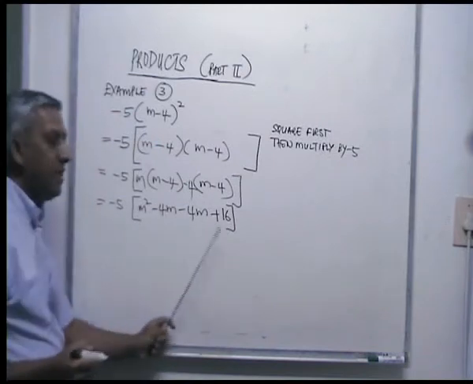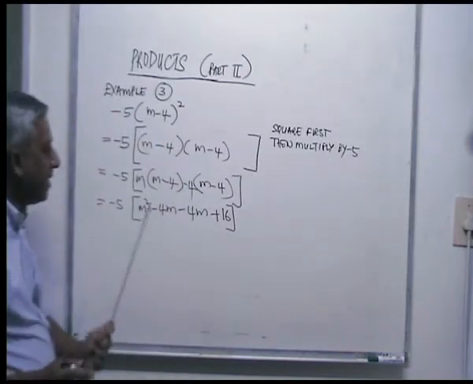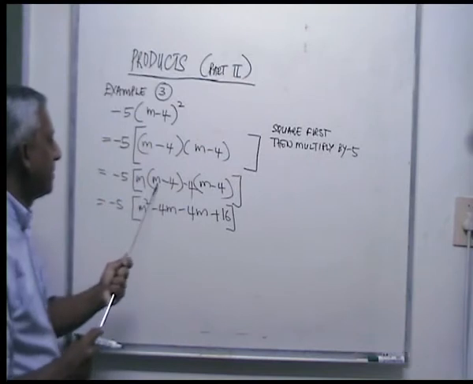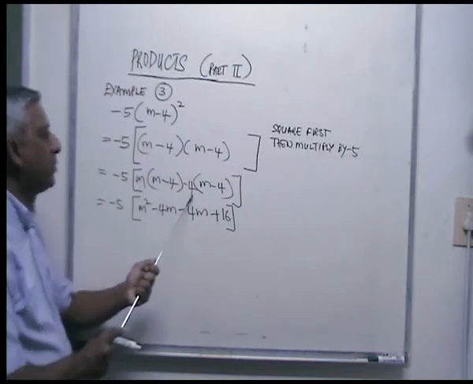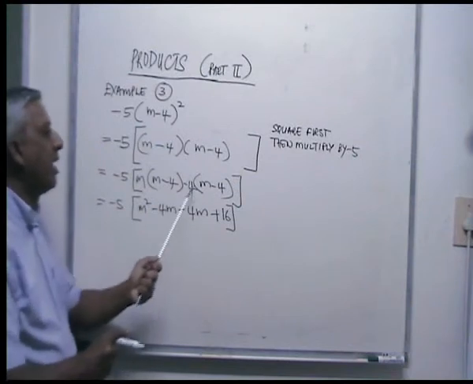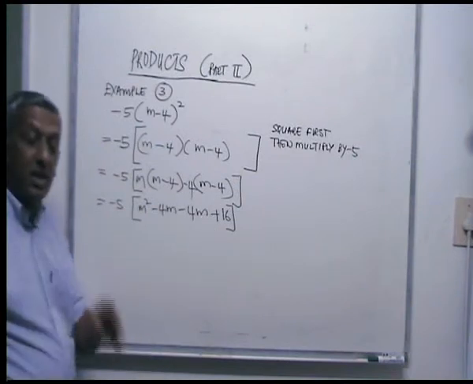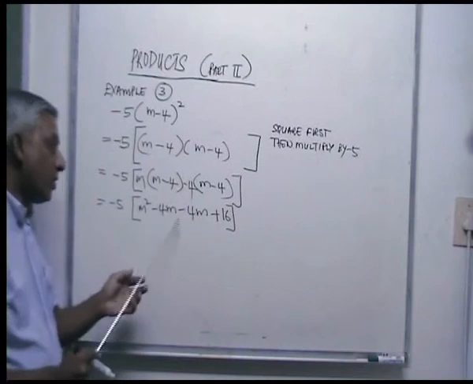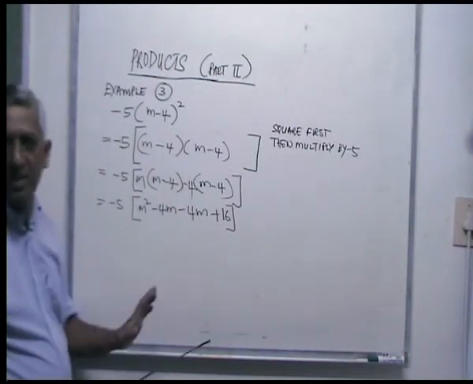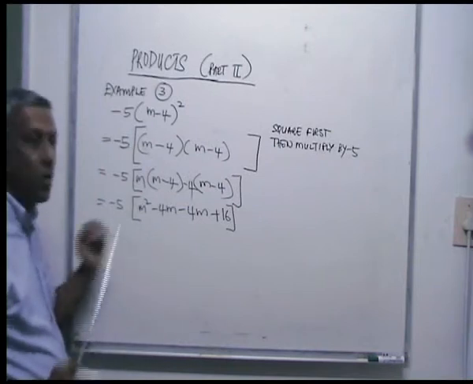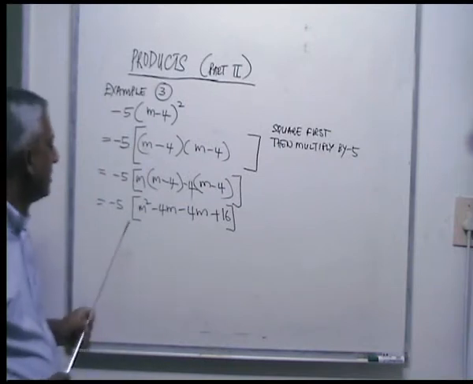You'll find I'm now not explaining where this is coming from, because by now you should know that m times m is m squared, m times minus 4 is minus 4m, minus 4 times m is minus 4m, minus 4 times minus 4 is plus 16. If you don't know this, then it means you still haven't learned the basics and you have to go back and learn the basics.